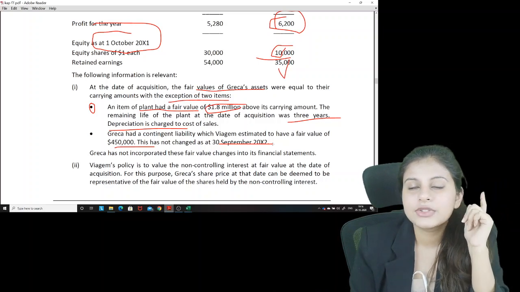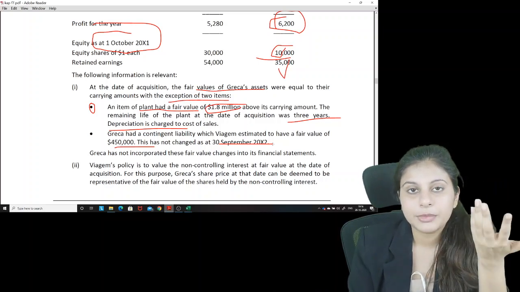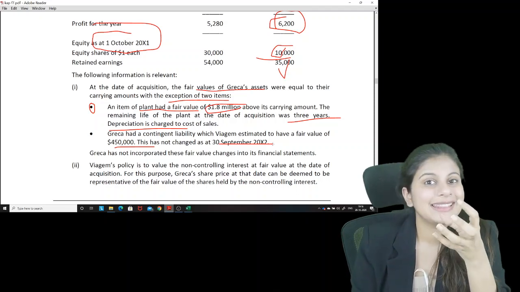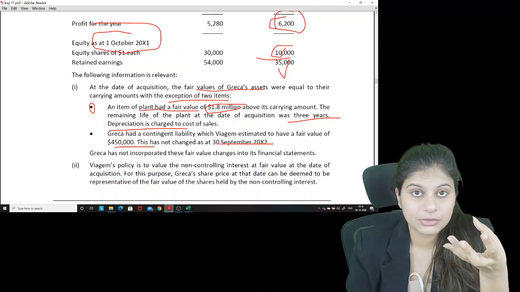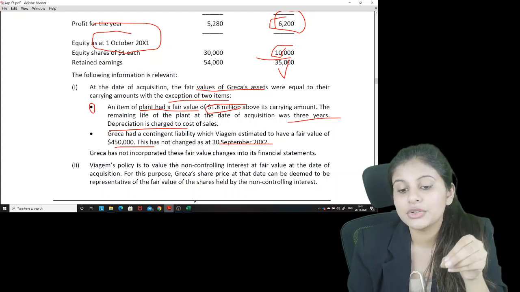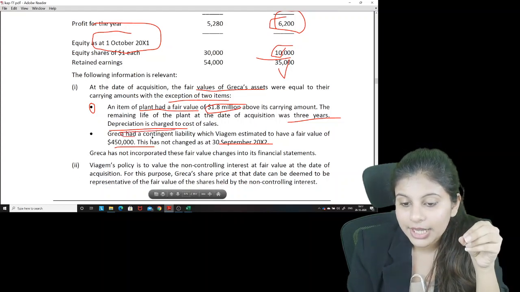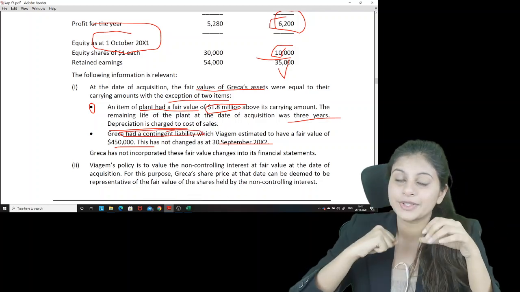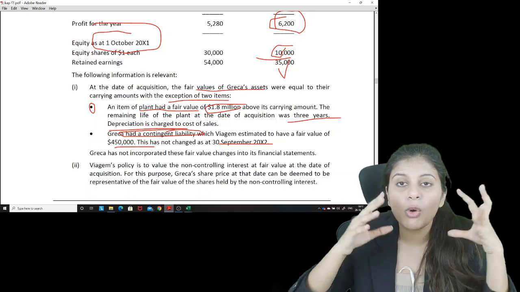Okay, so fair value of contingent liability, IAS 37. A contingent liability is not shown in the statement of financial position, it is just disclosed. So it's not there in the subsidiary's statement of financial position, but IFRS 3 tells me to include this contingent liability in the calculation of goodwill. Because when I acquire that subsidiary, I will be taking up all its liabilities.